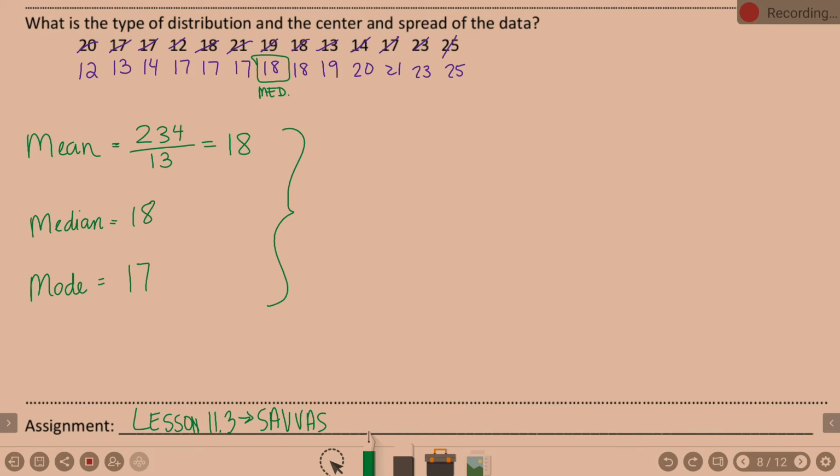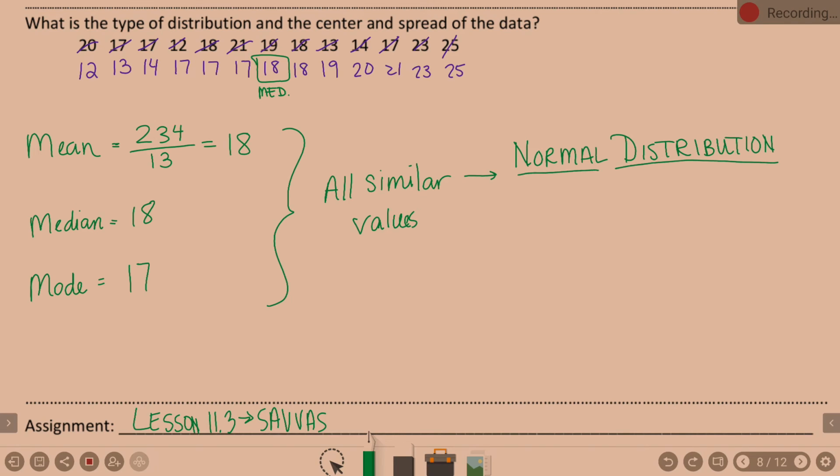And since these are all similar values, that tells me that this is going to be a normal distribution. Or if you remember yesterday, we talked about it being symmetric, right? So that answers what is this type of distribution. It is a normal distribution. You might also say that it is symmetric.